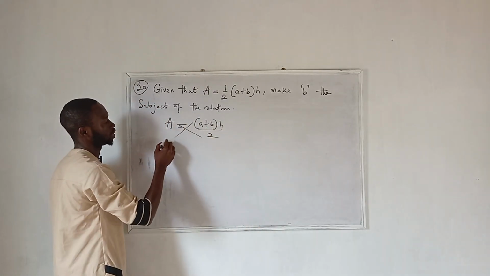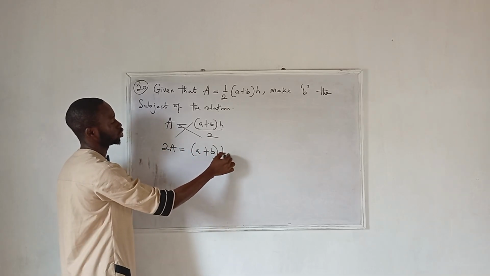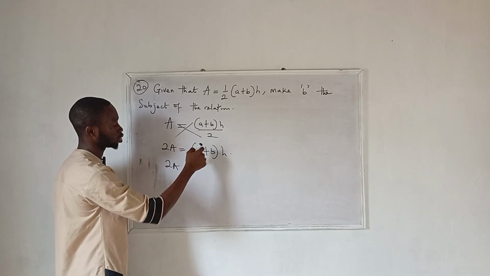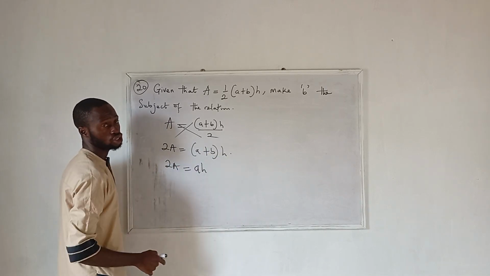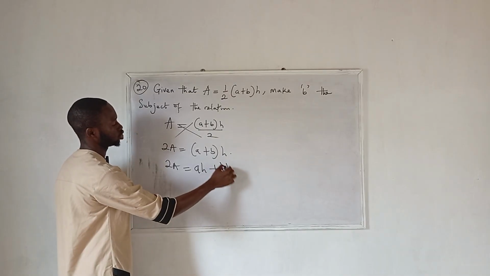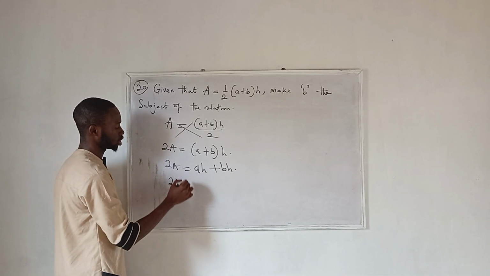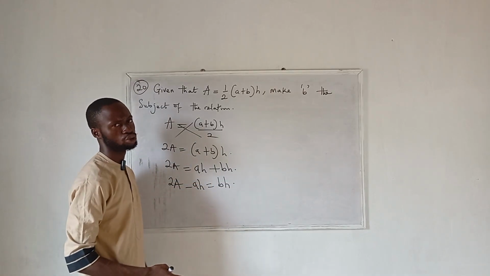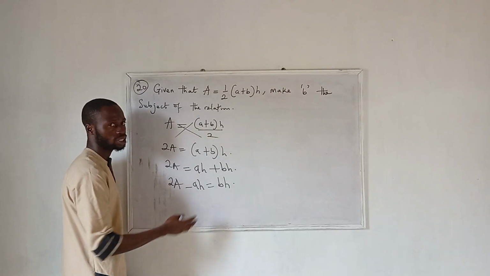Then cross multiply. So you have 2A, you have (a plus b) into h. Then you are trying to make b the subject, so you have to simplify everything on this side. So open the brackets. a times h is ah plus bh. So take ah to this side so that bh can stand alone. The goal is you're trying to make b stand alone, so you have to keep manipulating and simplifying until you have b standing alone.